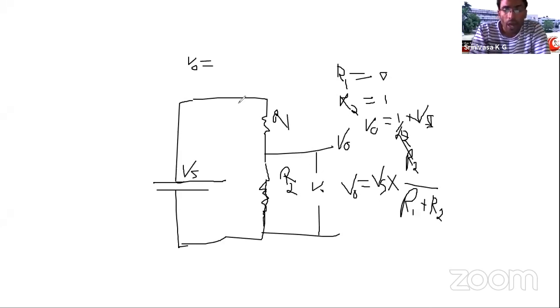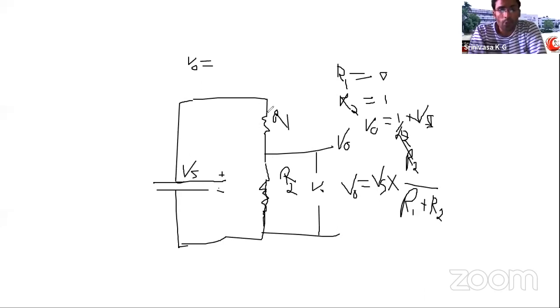If R2 is equal to 0, then what will be the output voltage? If this resistance R2 is 0, then what will be the output voltage? This one is negative and this one is positive. 0. When R2 is equal to 0, the output voltage will be 0.